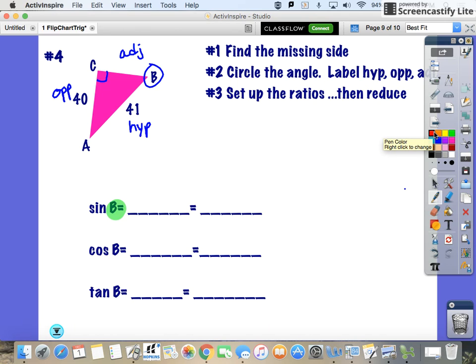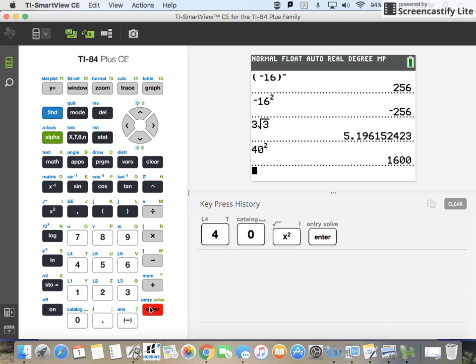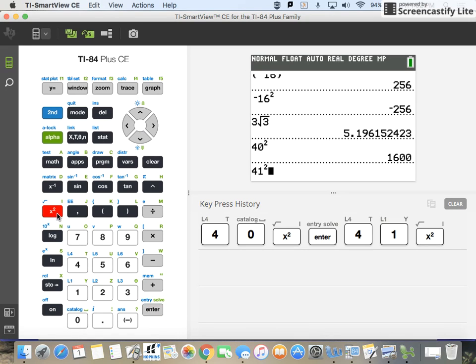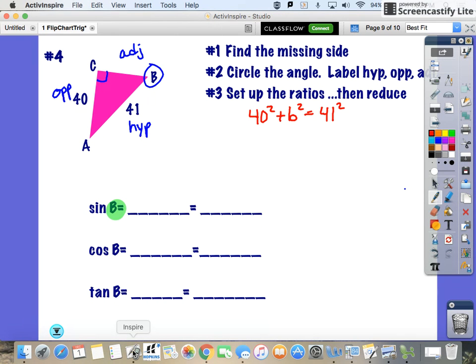So what we're going to do is set up 40 squared, which is one of our legs, plus b squared equals 41 squared. 40 squared is 1600. 41 squared is 1681. So then if we subtract 1600 on both sides, b squared equals 81.